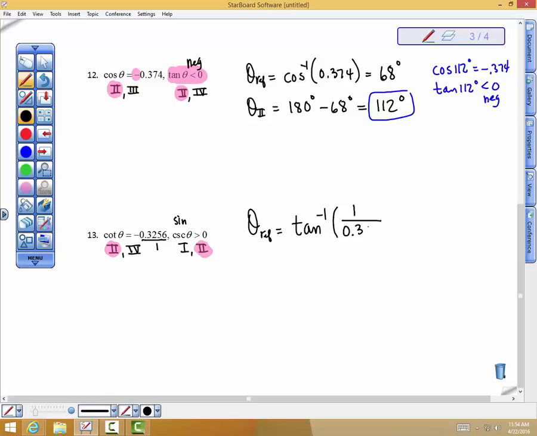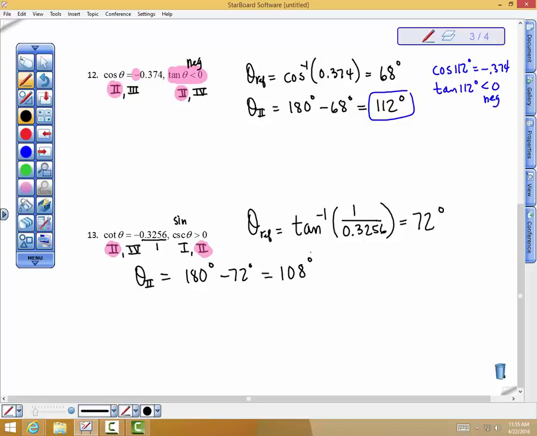So you're going to type in 1 over 0.3256, second tan of that. And that's going to give you a 72-degree angle. So finally, in the second quadrant, you're going to take 180 degrees and subtract 72 degrees, and you're going to get an angle of 108 degrees.